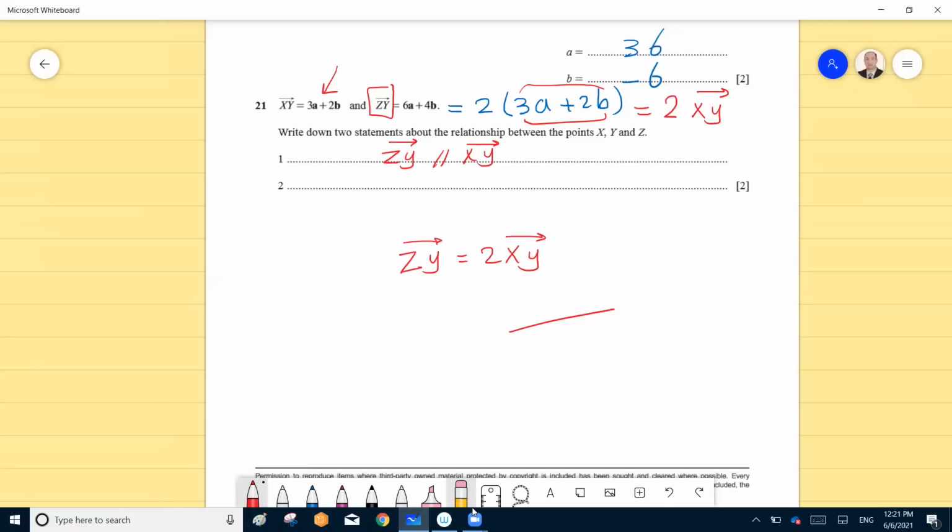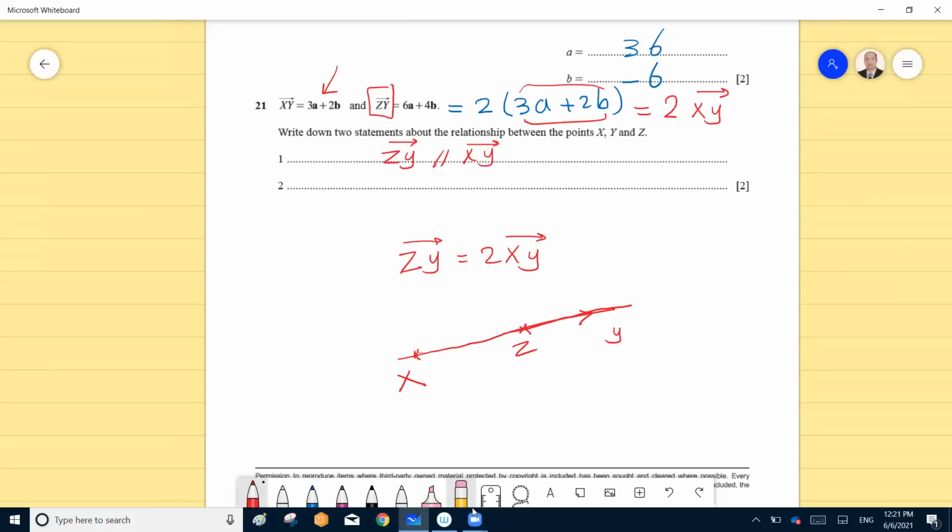Consider ZY like this, this vector ZY, okay? And XY, look, XY is the same, for example X here. XY is the same vector, from this X. So really these two vectors are not only parallel; the points X, Y, and Z are collinear.